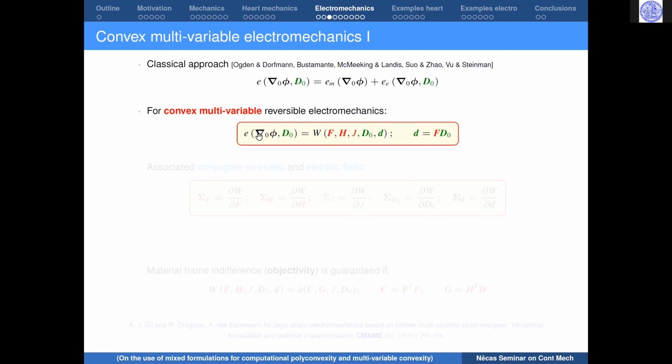And what we observe is that when we were defining energies like this, they were indeed elliptic in the sense that we wanted. And for us, that was good enough for material stability.